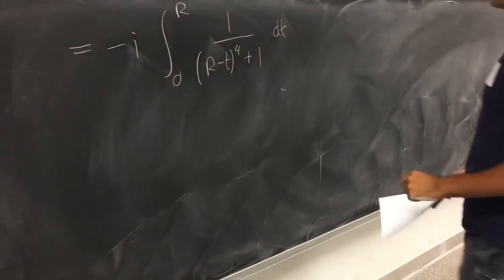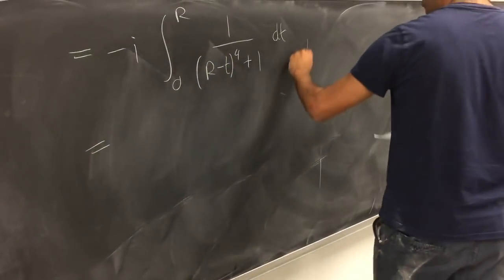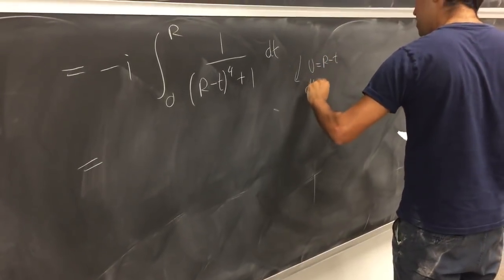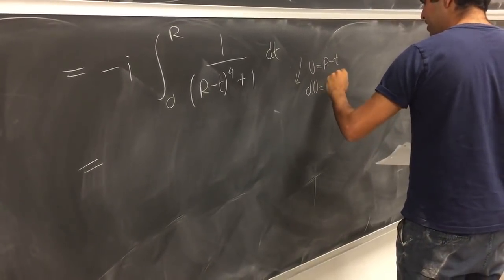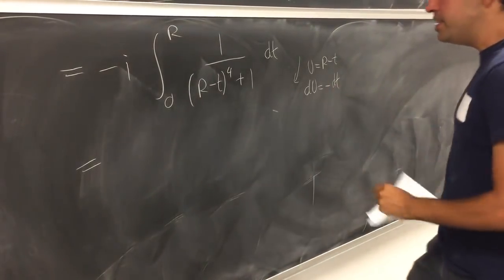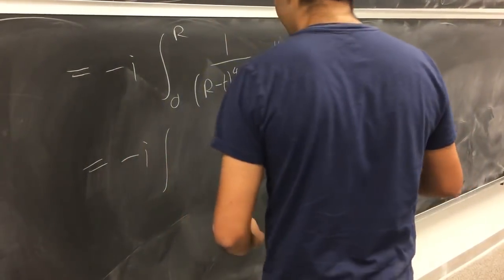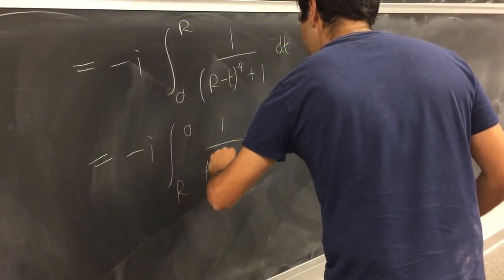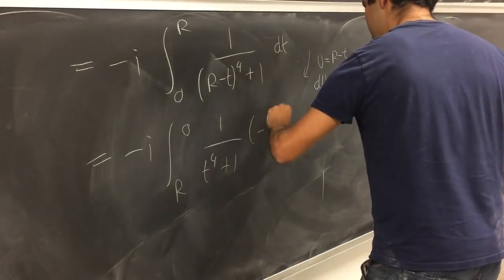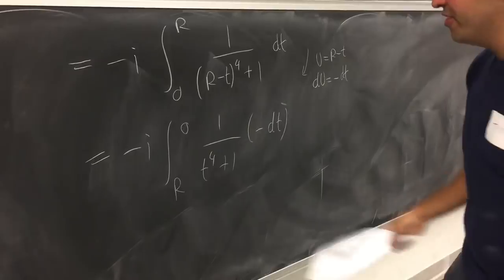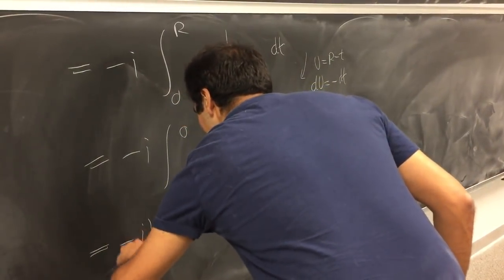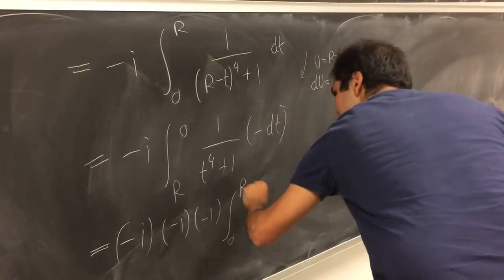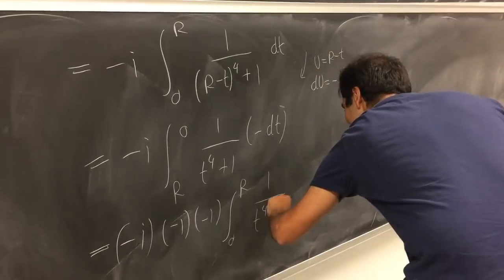And well, let's just use a quick change of variables. Let u equal r minus t, so du equals minus dt. So dt equals minus du, and the limits go from r to 0, with 1 over u to the 4th plus 1. But if you switch the limits, you get minus i times minus 1 times minus 1, the integral from 0 to r of 1 over t to the 4th plus 1 dt.